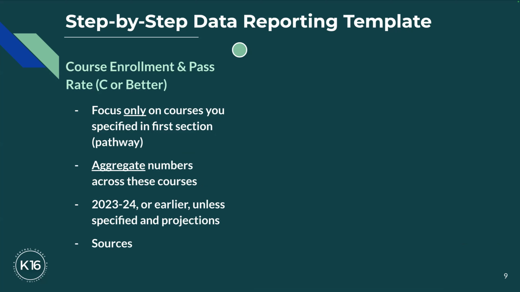So you're not going to give us information about each one. We just want to know an aggregate number. That's why it's important for you to tell us exactly what courses you chose, because next time you do this reporting, you can identify which ones you selected the first time around, so that it is a direct comparison.